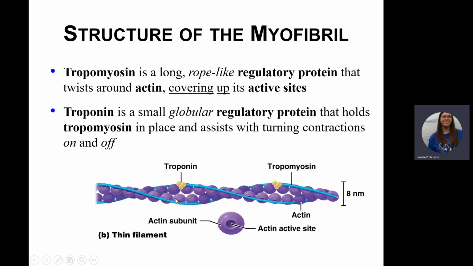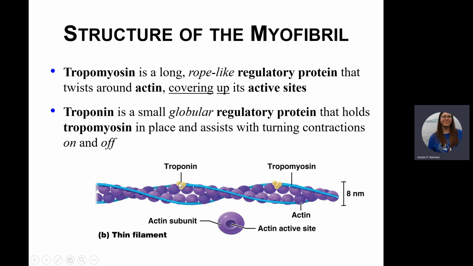You also have tropomyosin, which is this blue portion here, these blue strands. These are rope-like regulatory proteins that twist around actin, and if you'll notice here, they're covering those little indentations. It's covering the active site. So when tropomyosin is here, myosin cannot bind. You also have another regulatory protein called troponin, this yellow portion here.